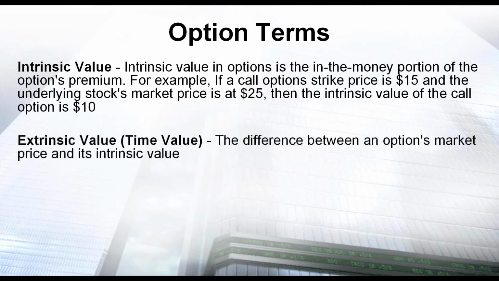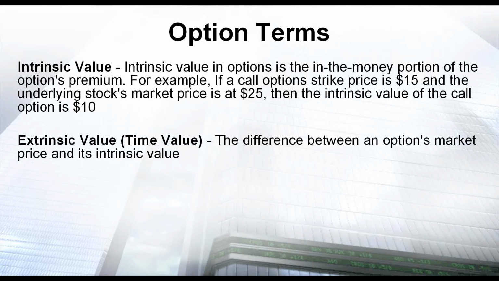Extrinsic value is otherwise known as time value, the difference between an option's market price and its intrinsic value. So using that example from above, if the actual price of the call option was say $18, okay, we know that since the strike price is 15 and the stock is trading at 25, there's $10 right there of in-the-money portion of intrinsic value.